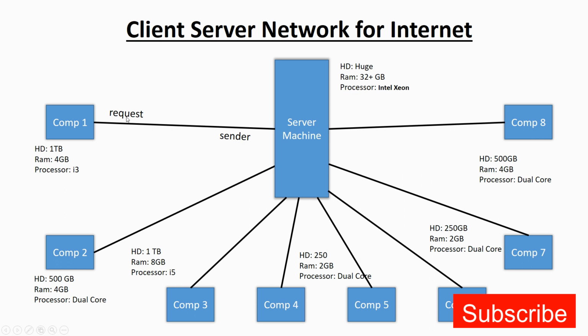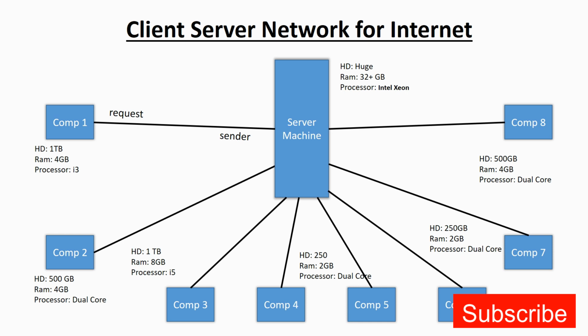You're trying to access a website, so a request is sent to the server machine. Your request reaches the server machine with the help of the browser, right? Whenever you type anything, internally it's an IP number, and that is the request that goes to the server machine. The server machine will then send the data of that particular website to your computer, and you will see the website slowly coming in front of you.